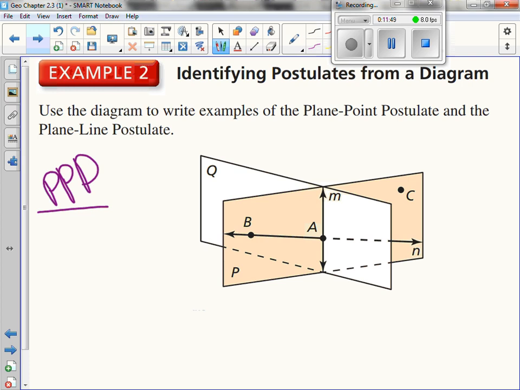So using this here, because we have a plane, plane P, and we have points B, A, and C on that plane, yes? That's it. That's kind of like what we did in chapter 1, isn't it? Name 3 points on the plane. We just named it differently.